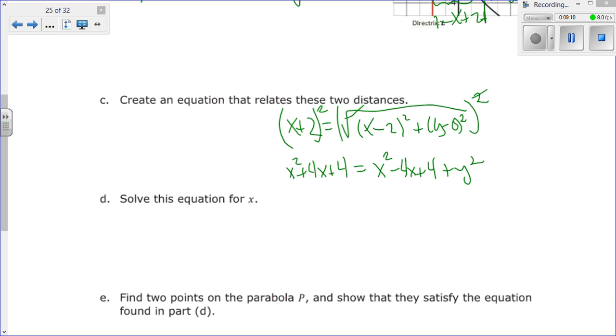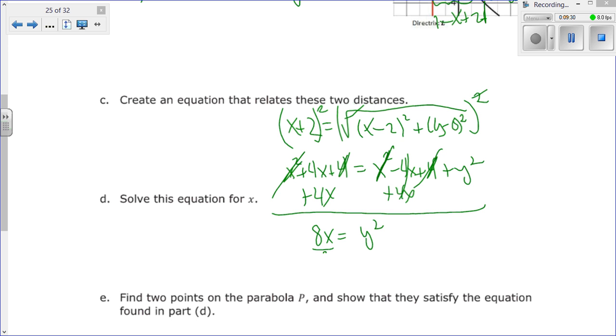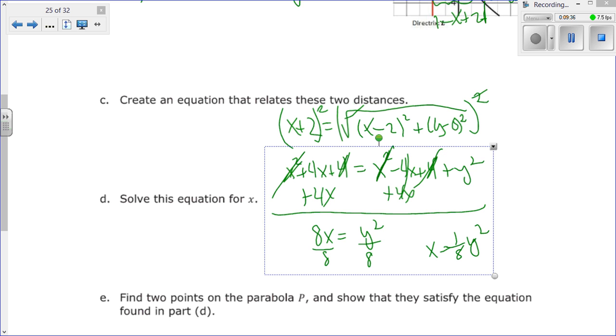As I look at this, I know my x squareds are going to cancel out, and I also know that my 4's are going to cancel out. But I can add 4x to both sides, and I will get 8x equals y squared. Divide by 8, x equals 1/8 y squared.